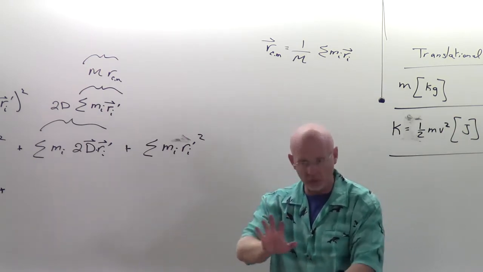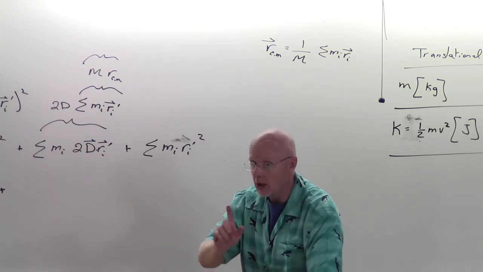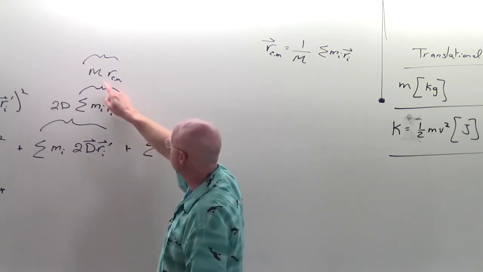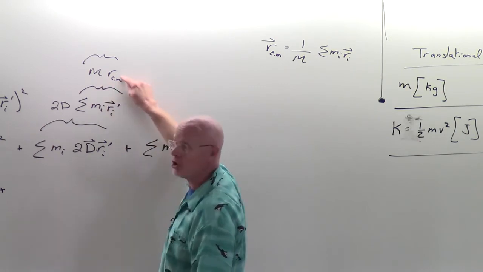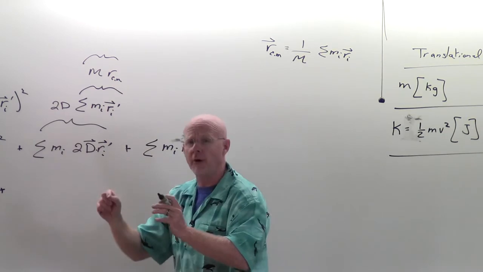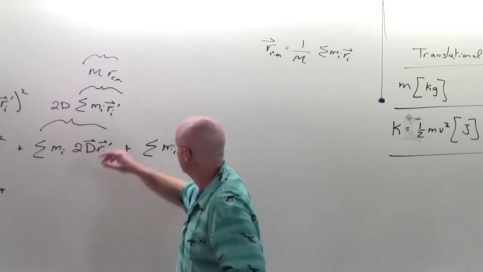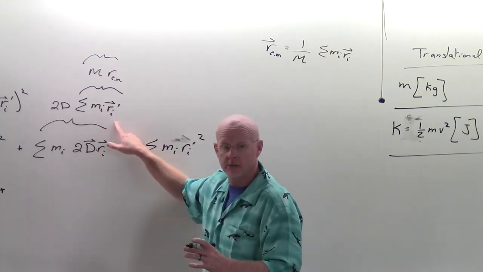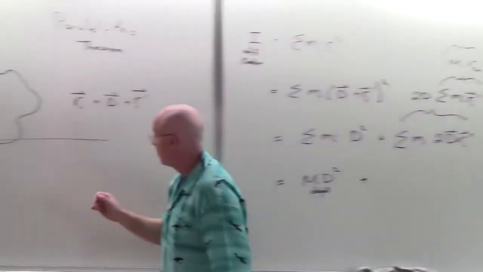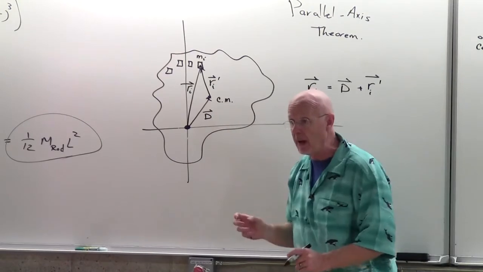Let's read the math. Don't do the math here. Let's read it. What am I really saying here? I am saying this is then the location of the center of mass as measured from what reference point? Well, the r primes. Where is r prime? Well, r prime is the center of mass.